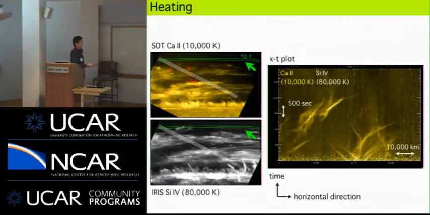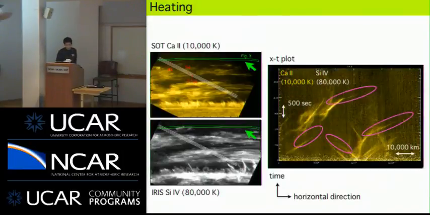You can find the cool plasma is moving like this, and then here cool plasma disappears, but the higher temperature plasma appears from here or something like that. And we can find similar things. Well, in particular here, yellow one comes here, but disappears, but the white one appears from here strongly. So I think this is evidence of heating in prominence.